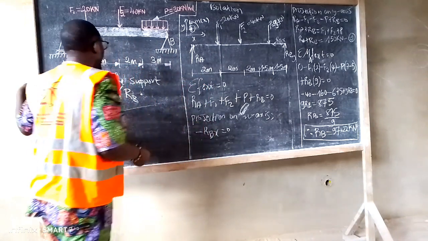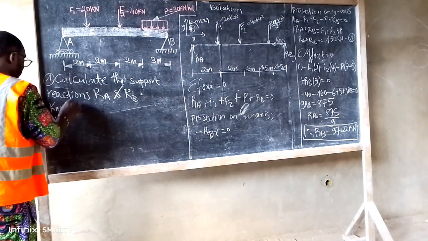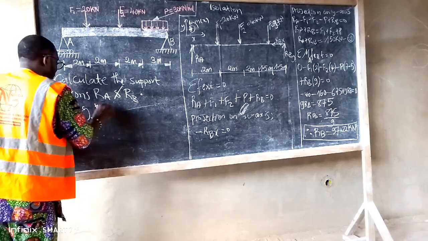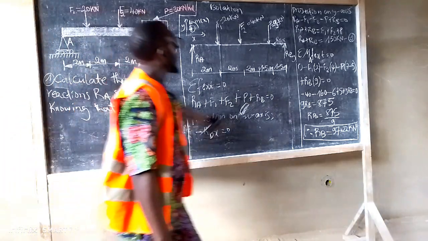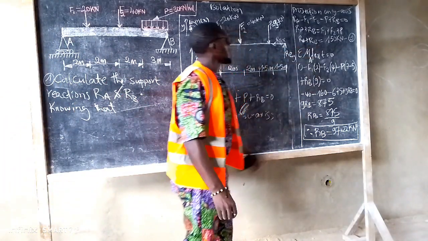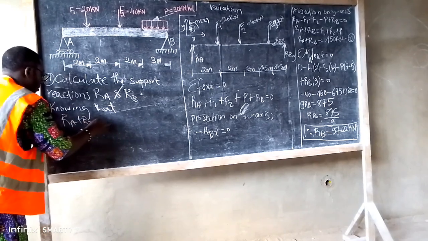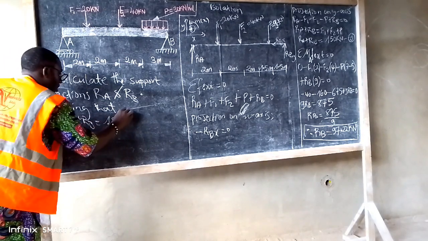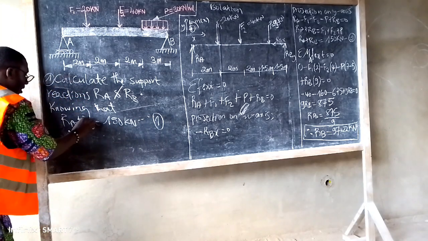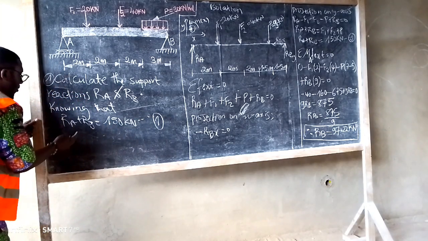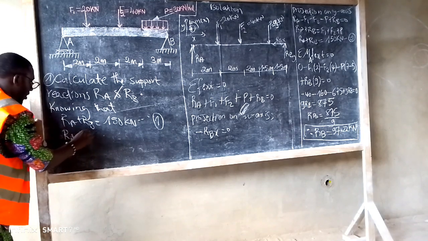Now let's calculate the value for our arrow A. Knowing that, we take our first equation that we had from the beginning, arrow A plus arrow B is equal to 150 kilonewton. This was our equation 1. Now we have the value for arrow B, we are looking for arrow A, so we make arrow A the subject of the equation.